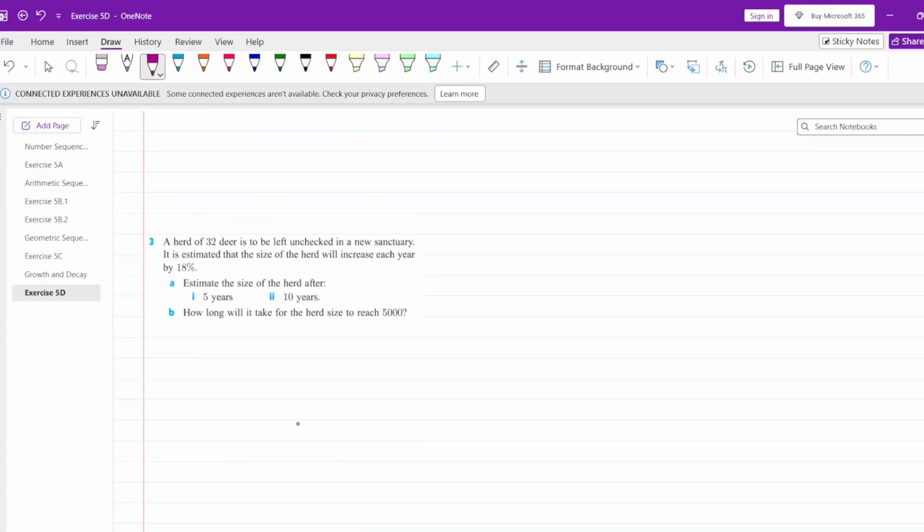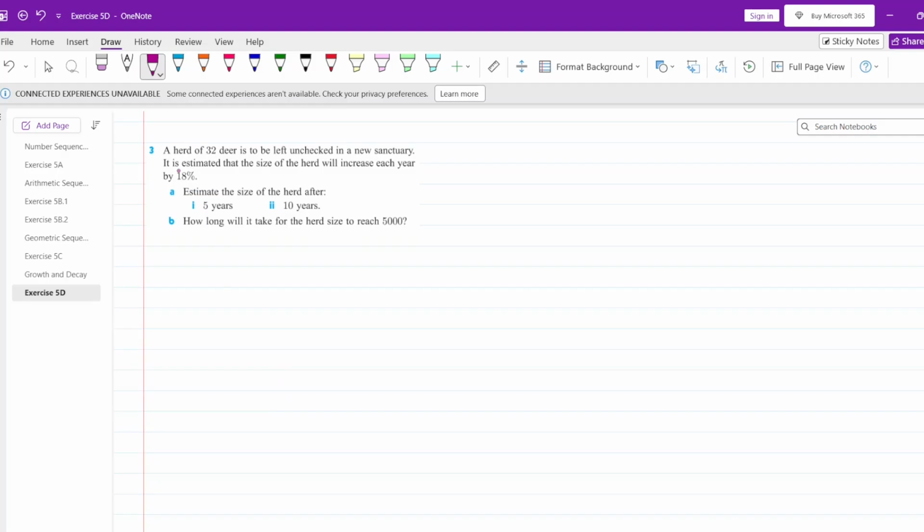Let's go to the next problem. A herd of 32 deer is to be left unchecked in a new sanctuary. It is estimated that the size of the herd will increase each year by 18%. So R equals 1.18, and U0 is 32.